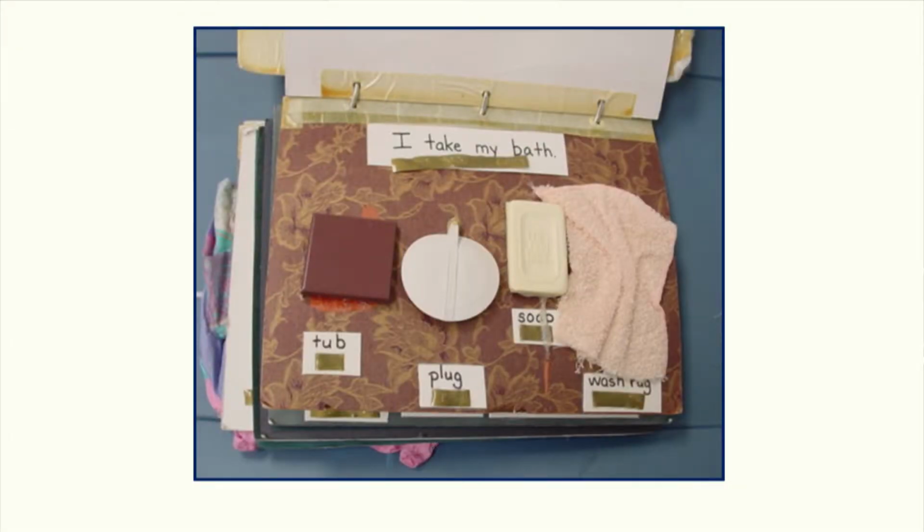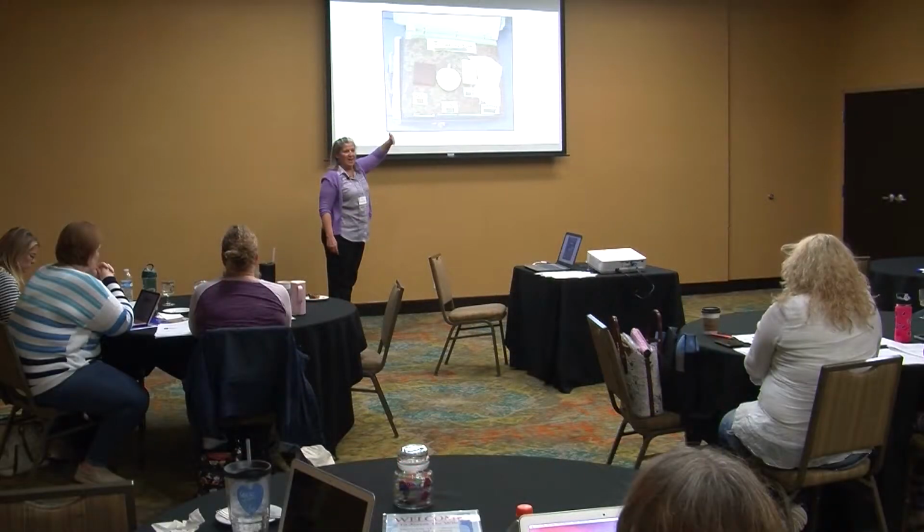Kim comes in and says, good morning. You flip it. I go to the bathroom. There was a little piece of rug. I take my bath. So it took us a minute to think about how we could do the bathtub. But if you look, this is a piece of tile, and it's cold. And what do bathtubs feel like?